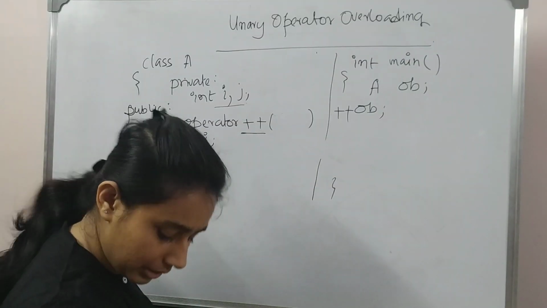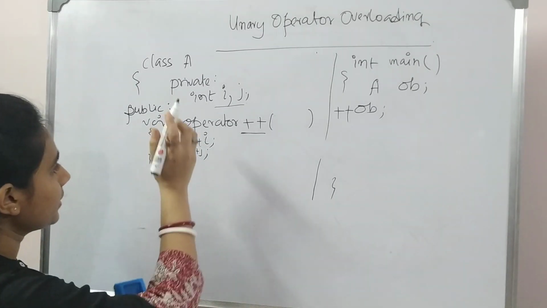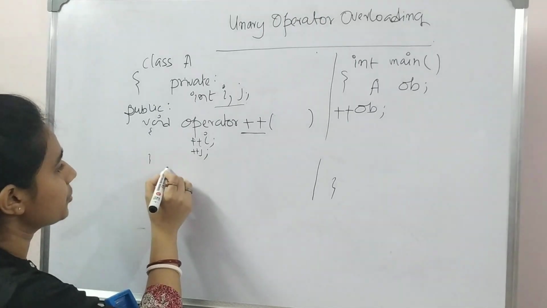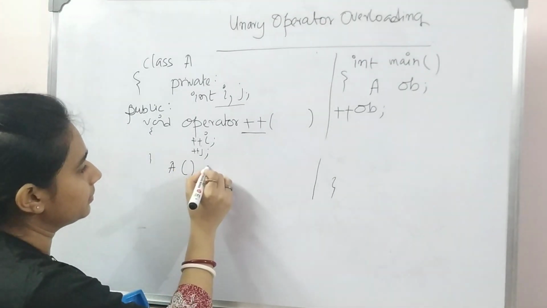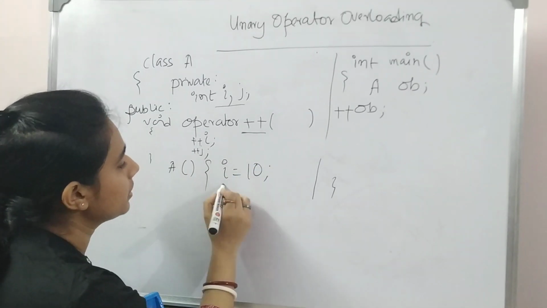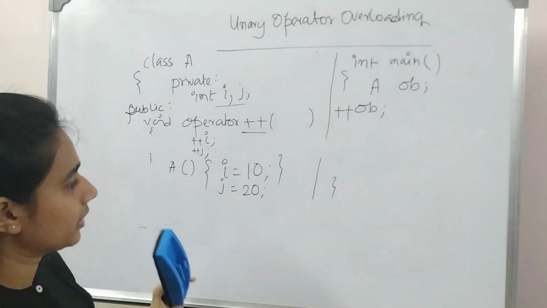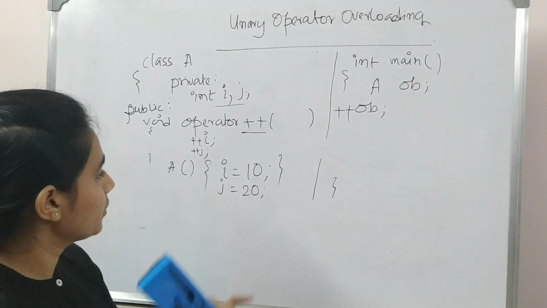Okay, better to give some values for i and j, and for this I am writing a constructor here, giving i equals 10, j equals 20. I am using a default constructor here where the i and j values are given like this.